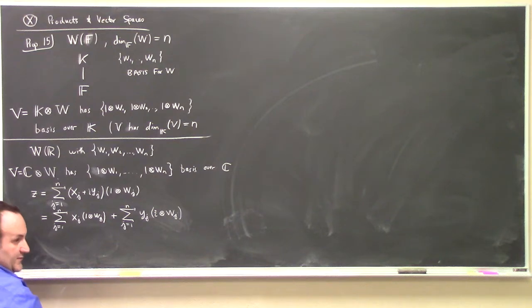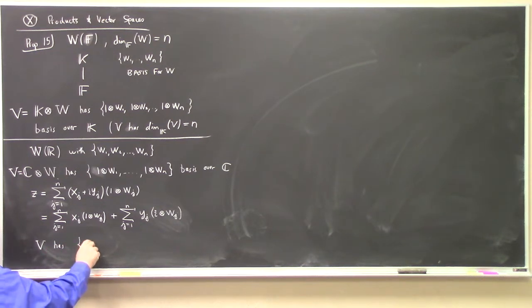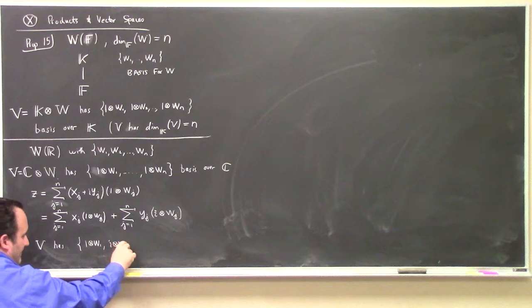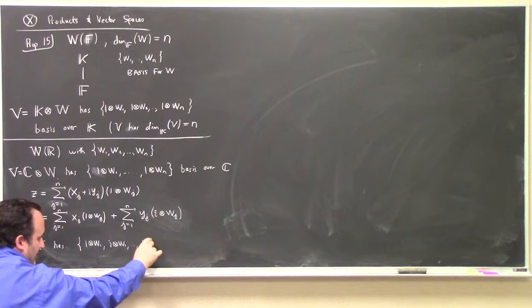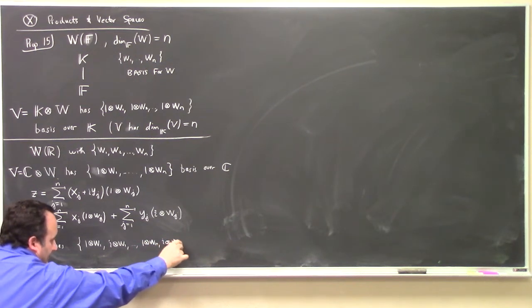Now, this is a nice formula because this shows you that V has basically 1 tensor W1, i tensor W1, dot dot dot, 1 tensor Wn, i tensor Wn.